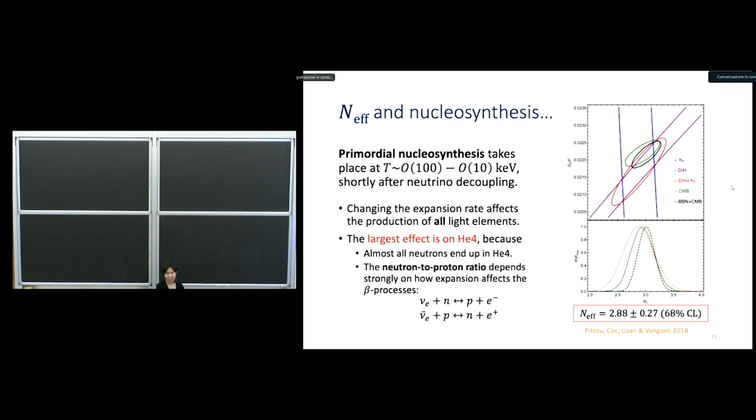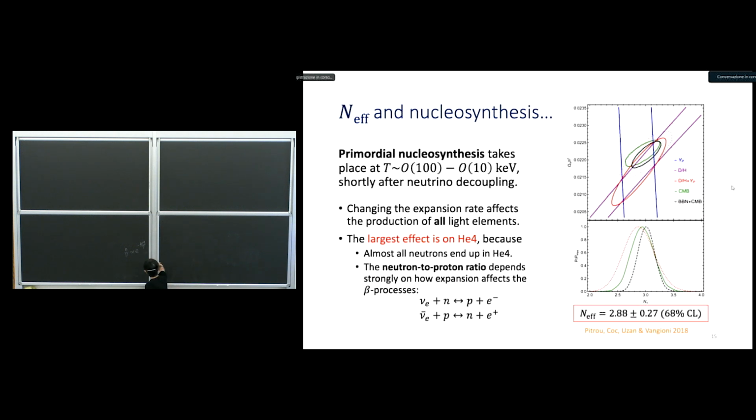It has to do with this equilibrium, okay? To determine the neutron to proton ratio, that goes like essentially the mass difference between the 2 nuclei divided by T. So it changes with temperature.